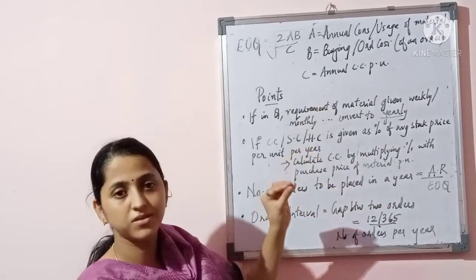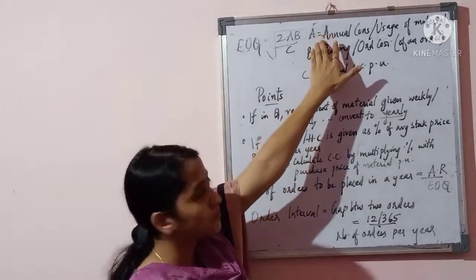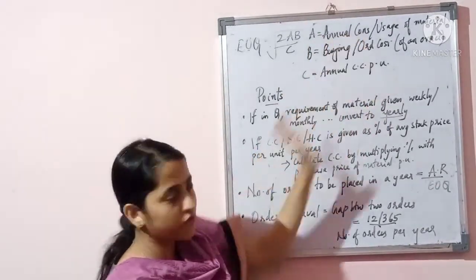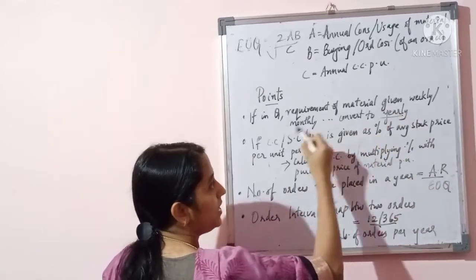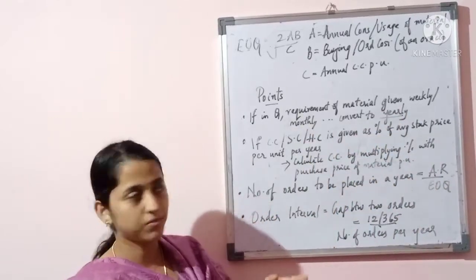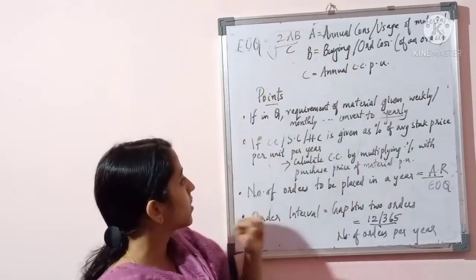These are a few mistakes we make in the problem. So A is always annual consumption of material. If weekly, monthly or half yearly requirements are given, we have to convert them into yearly to get this A.